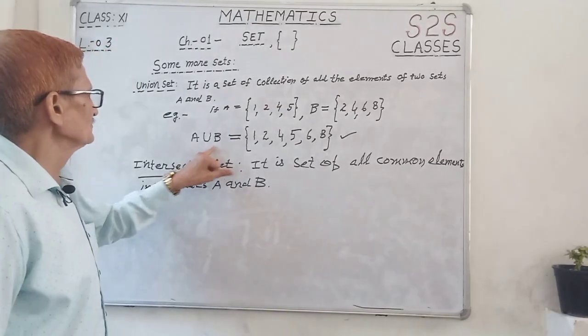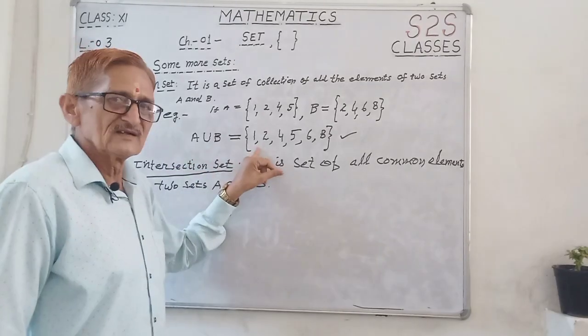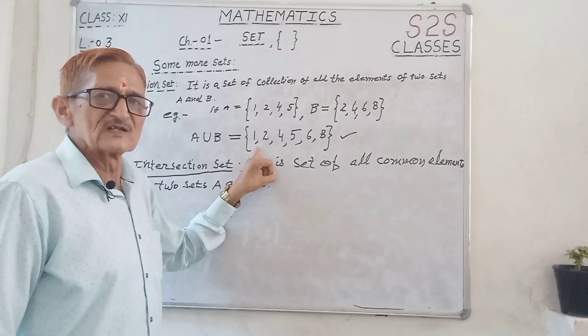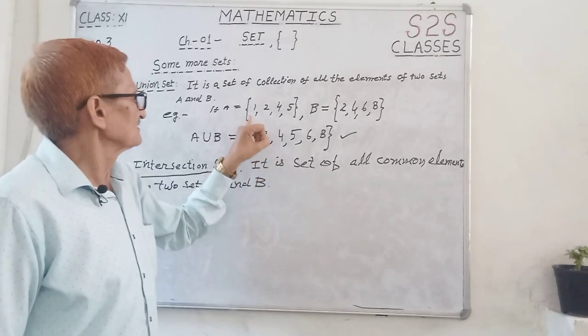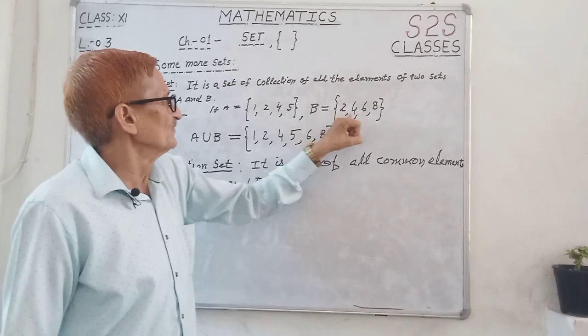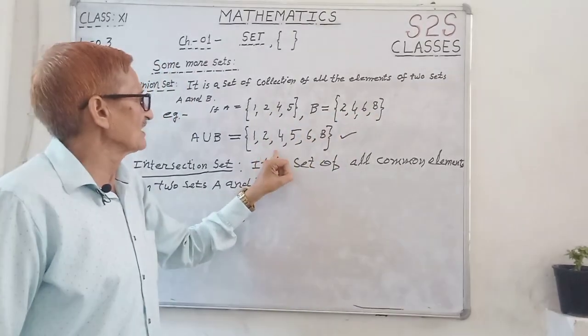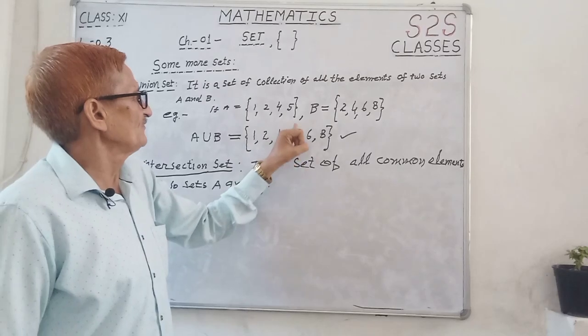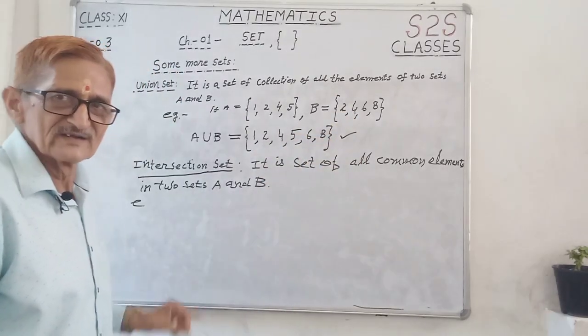So union of two sets, it is a set. A union B is a set where collection of all the elements from both sets. All the elements 1 2 4 5 2 4 6 8, which are repeated, that only once will come. So 1 2 4 5 6 8, this is your A union B set.